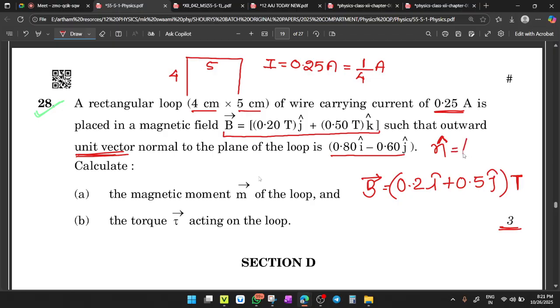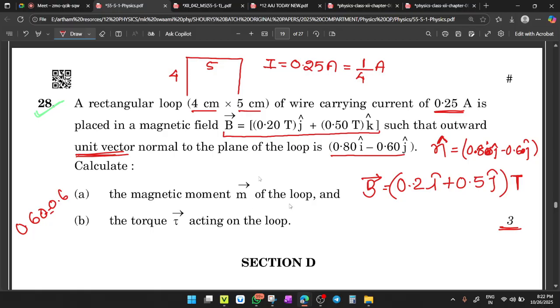This is the direction of the normal unit vector. Do not write the zero after the decimal, it will be 0.8 I cap minus 0.6 j cap, because 0.60 is equal to 0.6. Clear?